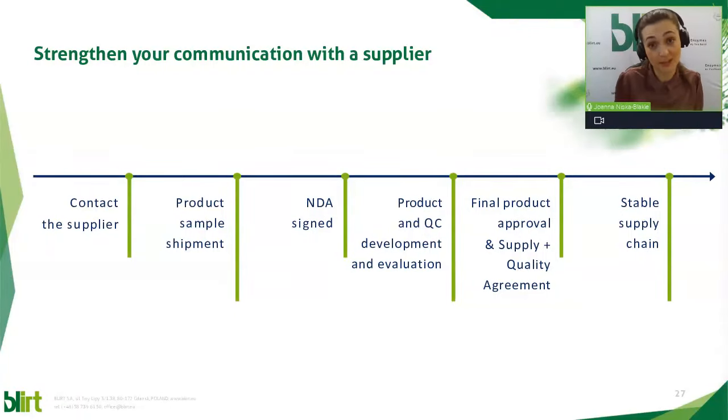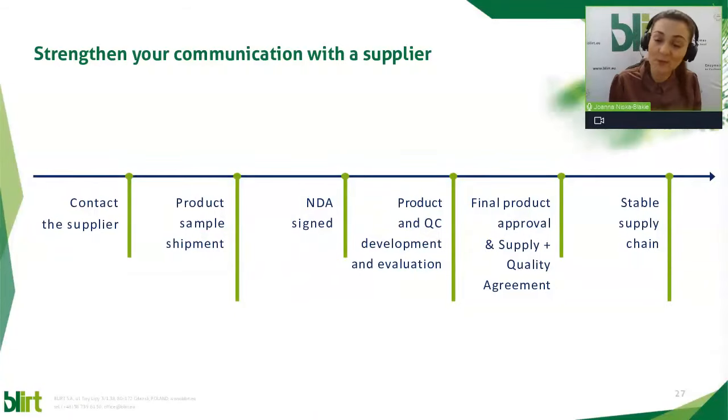When you contact a supplier, you should always ask for a sample, ideally a few samples, so you can check the batch-to-batch consistency on your own. It's always worth signing the NDA in the meantime, so you can talk to your supplier more fully and discuss more details of your assay. It's always beneficial for both sides.